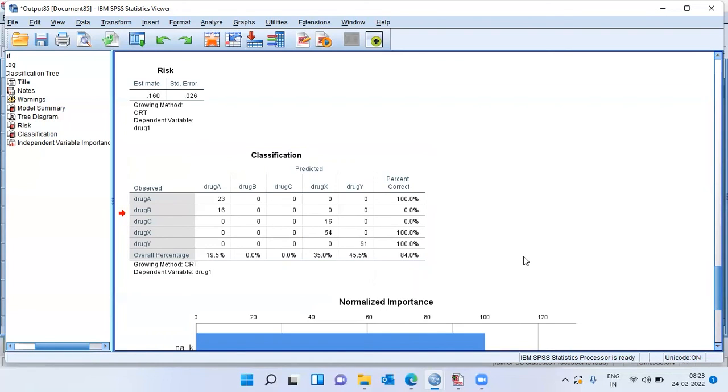So with this, I have come to the end of today's presentation. In today's presentation, we were able to build a decision tree model to identify which is the drug that a patient responds to. We built a model called a CRT, or classification and regression tree.